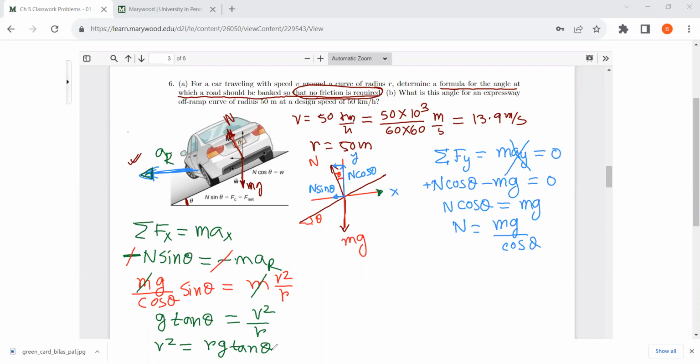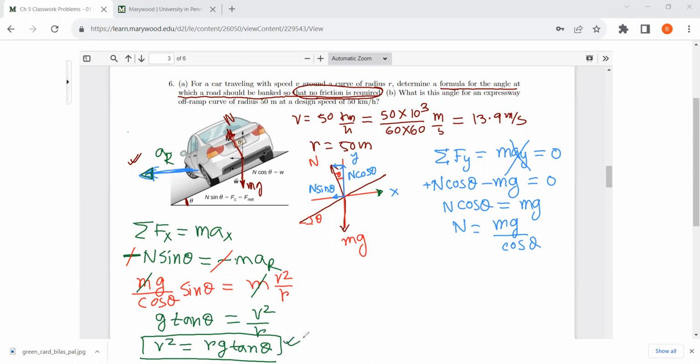So this is the equation which relates v squared, the radius, the gravitational acceleration and tan theta. There is a homework problem where I asked you to calculate the v. If you want to calculate the v, you have to use this equation.